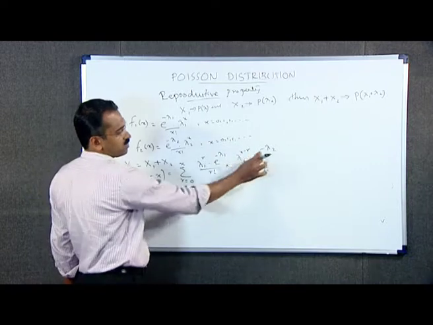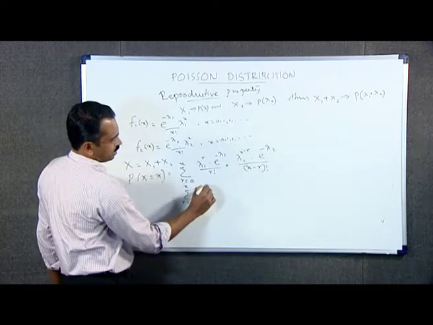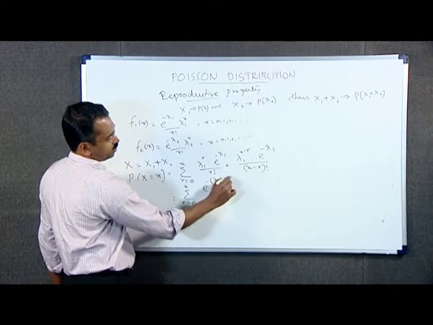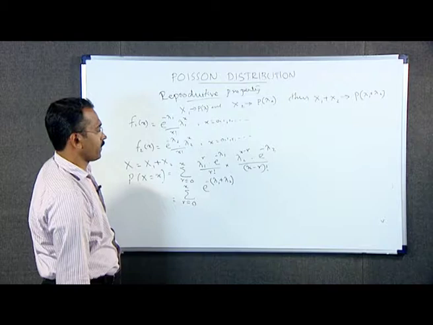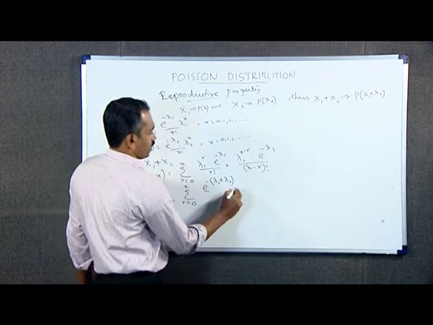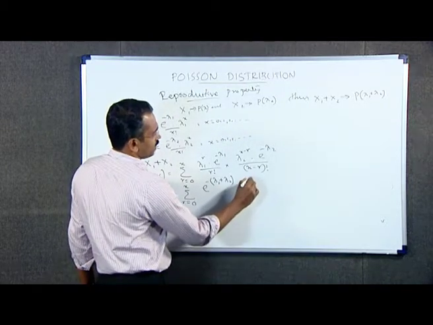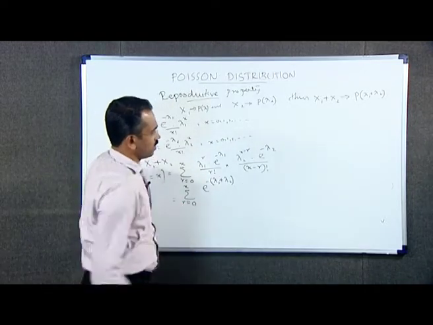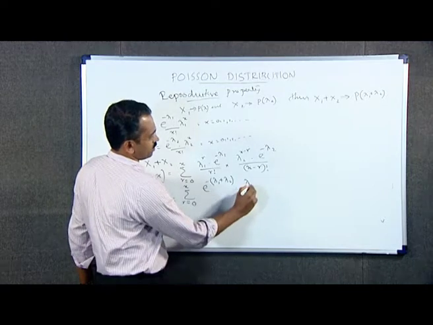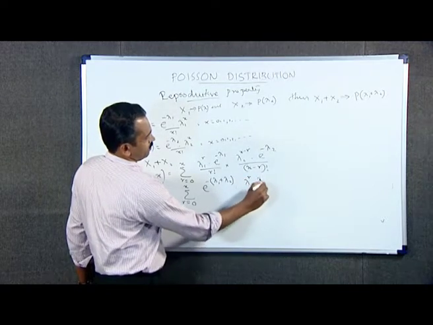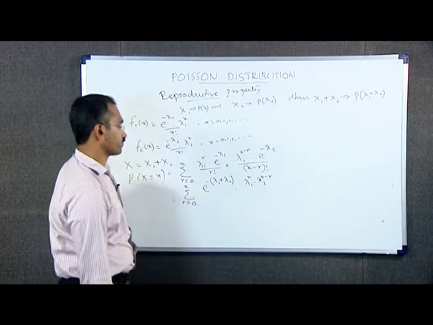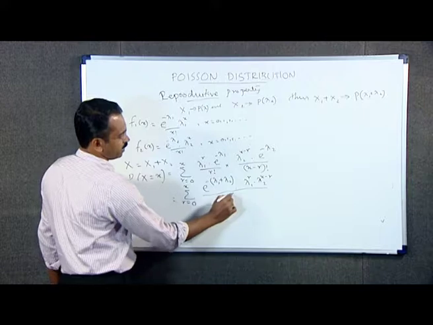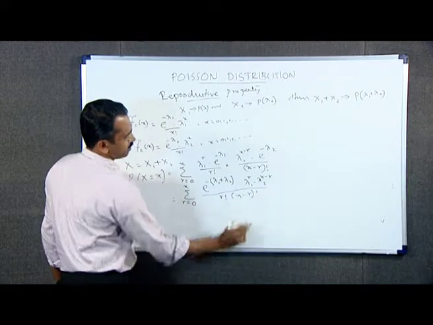Therefore, we can combine these two, that is e raised to negative of lambda 1 plus lambda 2, into lambda 1 raised to r into lambda 2 raised to x minus r, divided by r factorial into x minus r factorial.